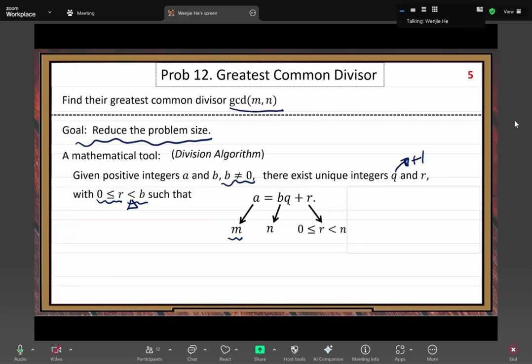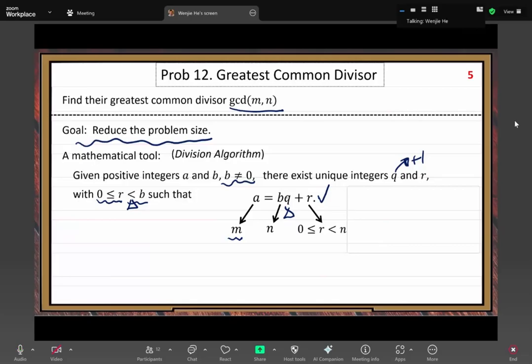But actually here, the R number is important, the quotient number is not important. How large is the quotient? It's not important. How large is the remainder? It is important. Because the quotient part we will throw away. We don't need the quotient part.